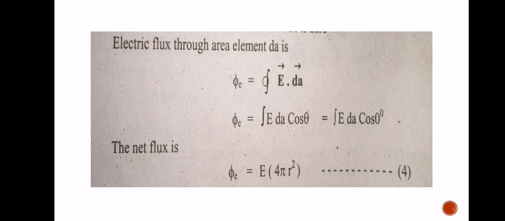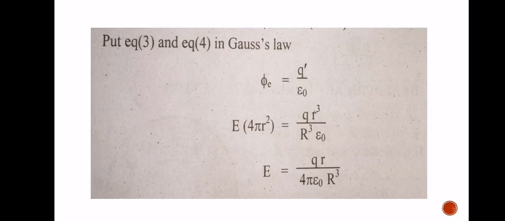So the electric flux through the area element can be written as phi is equal to integral dot product of electric field intensity and area element, that is equal to integral E dA cos of theta, that is equal to E dA cos of 0 degree. Now the net flux is phi is equal to E into 4 pi r square. This is the value of net flux. Now put the value of net flux and charge in the equation of Gauss's law.